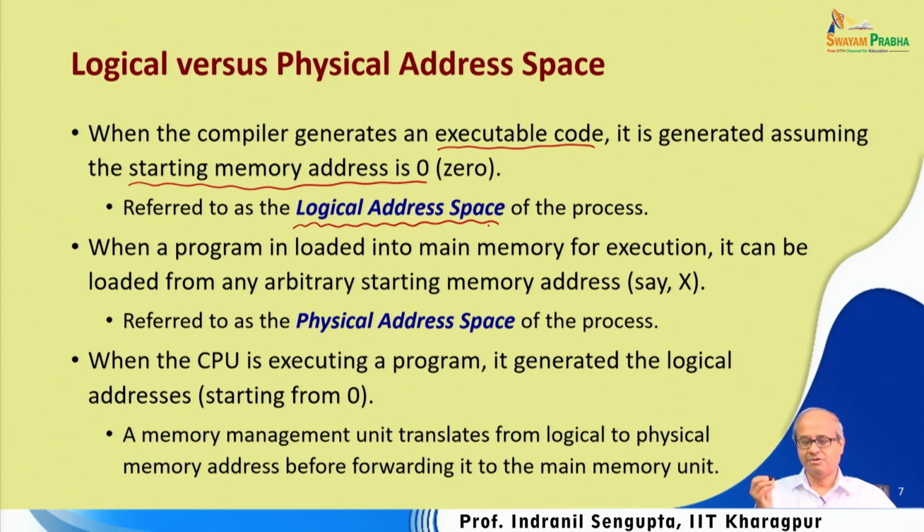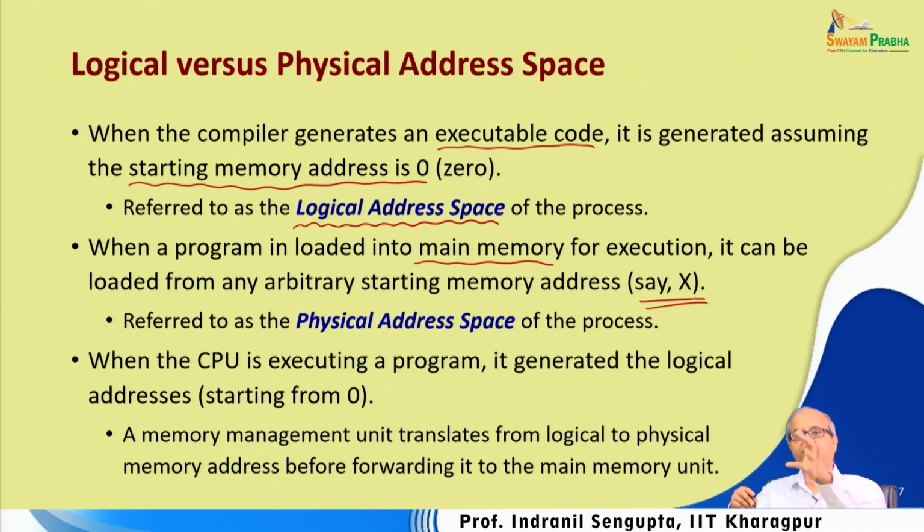When the process or program is loaded into main memory for execution, depending on the available memory locations, it can be loaded anywhere in memory. Suppose it is loaded from address X onwards.